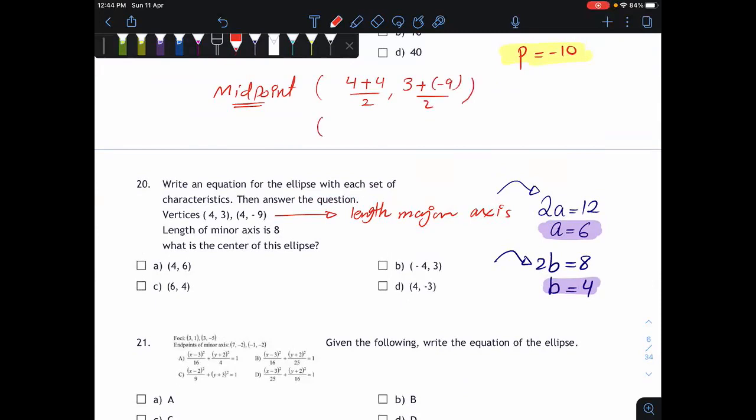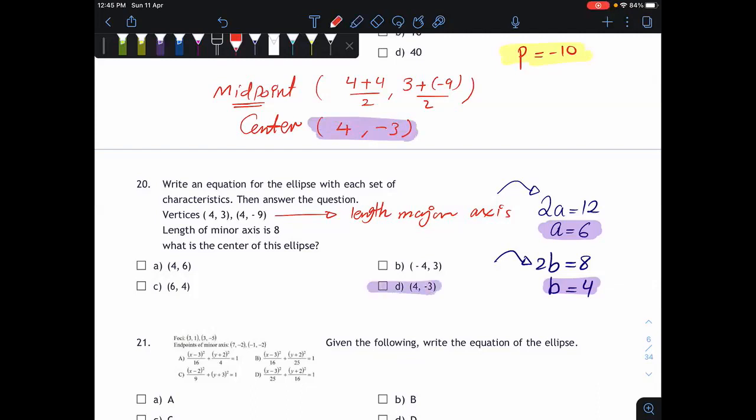So it's 8 over 2, which is 4, and negative 6 over 2, which is negative 3. So this is the answer, the center is D. Excellent, Omar. So 4 and negative 3, the center.